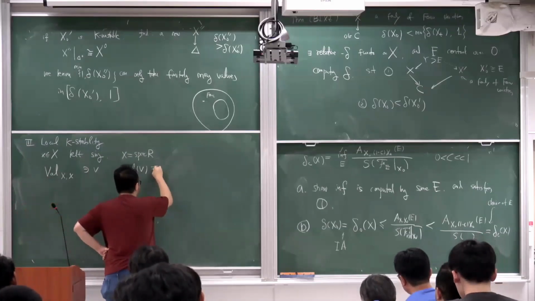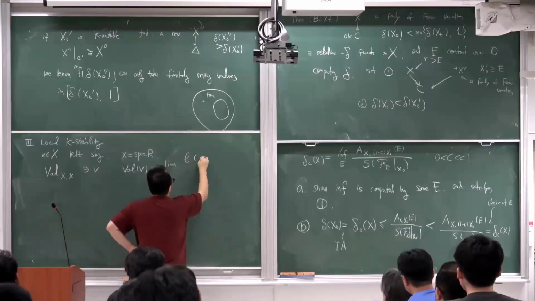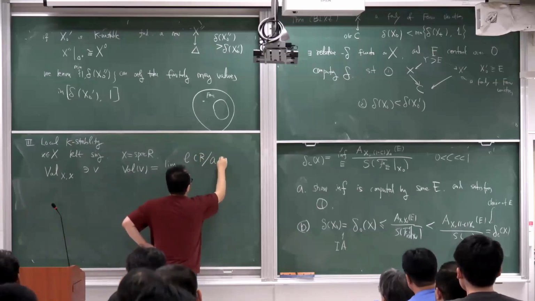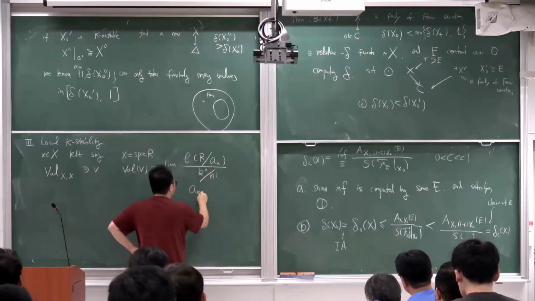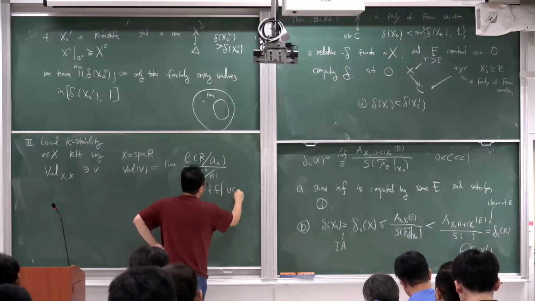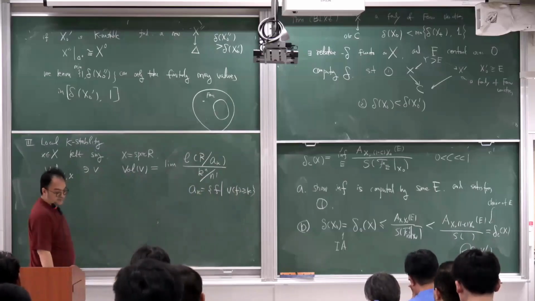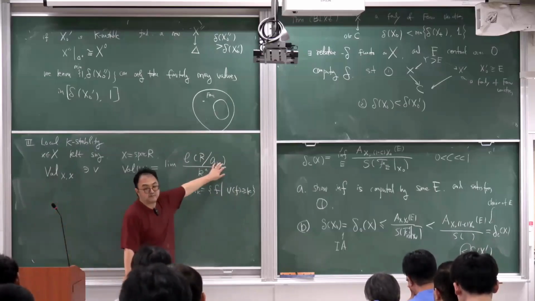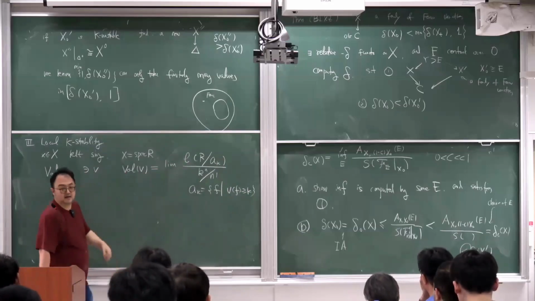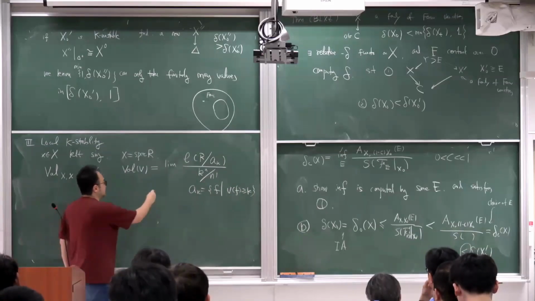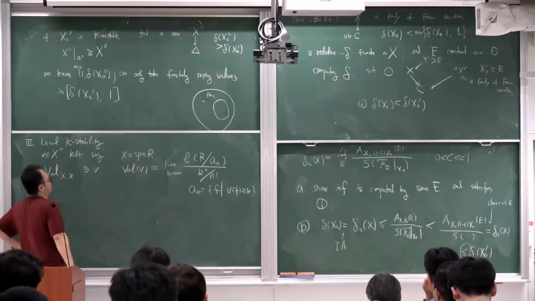This is given by the limit of the length of R mod a_k, times k to the n over n factorial, where a_k is precisely the ideal of functions with valuation at least k. Because v is centered at this point, this is going to be a primary ideal, so this length is a finite number, and k goes to infinity, and n is the dimension, of course.